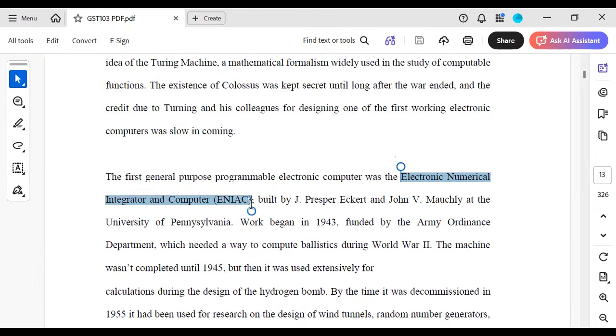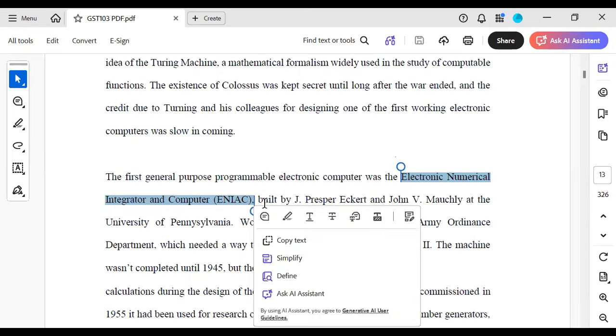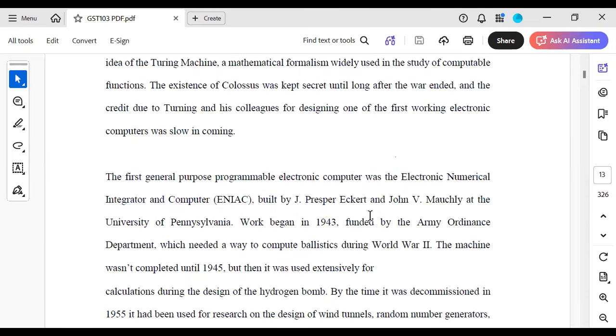In fact, there was a year they repeated it up to 15 times in the same exam. The same abbreviation was repeated in the objectives 15 times. Bonus for people that know it. So, Electronic Numerical Integrator and Computer. That is the meaning of ENIAC.